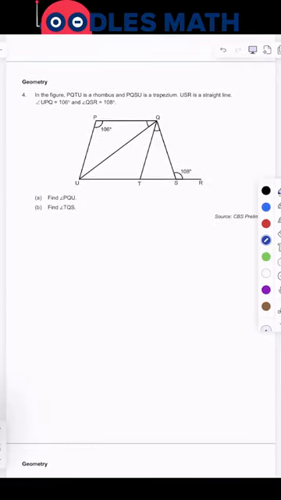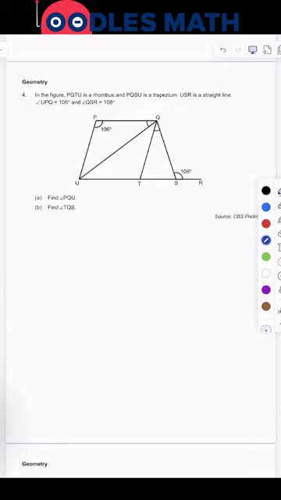Question number 4 is a question related to the topic of geometry. Now, geometry is a very important topic as well, because it constitutes quite a big part of your exams.